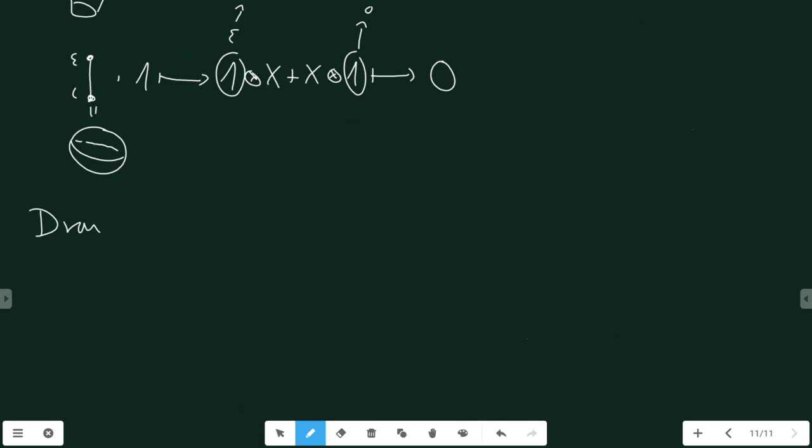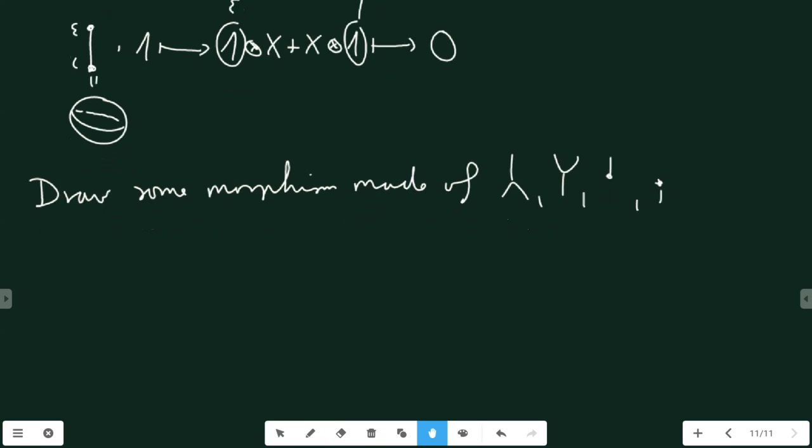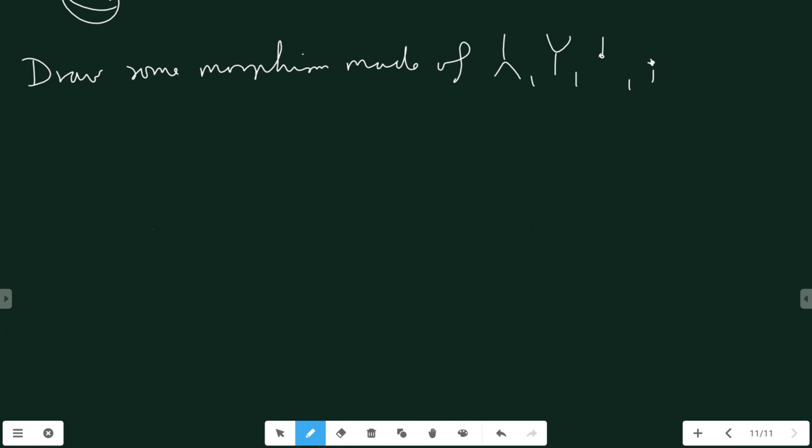Some morphism. And I really will draw A now. So whatever I want. Let me see. Here's one.